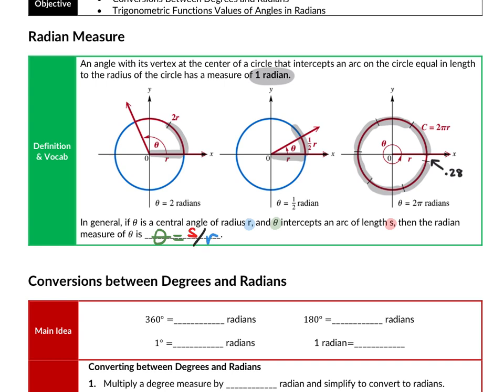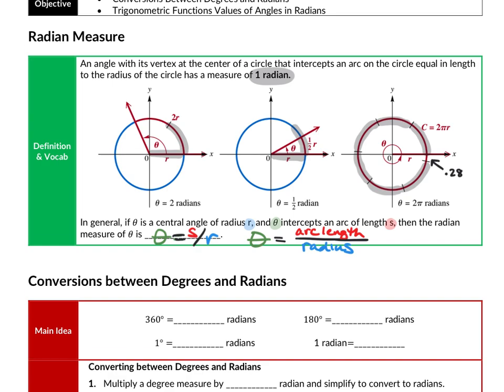I didn't leave enough space there to write it, sorry. If I was writing that in words, we would say that theta is equal to the arc length, that's the curved distance, divided by the radius of that circle.